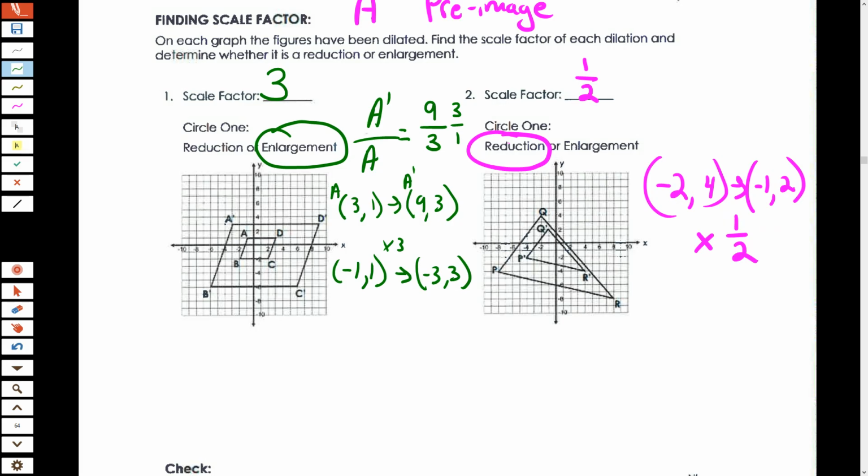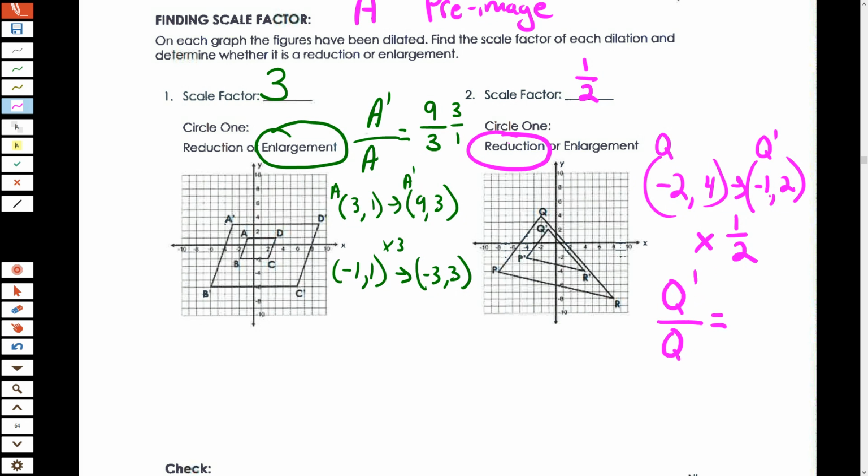Okay, so let's try it with the second one and use this second method. Let's take this first point. My first point is again negative 2, 4. Okay, that is my Q. And this one is my Q prime. So to find my scale factor, I'm going to put Q prime over Q. Let's see if it works.